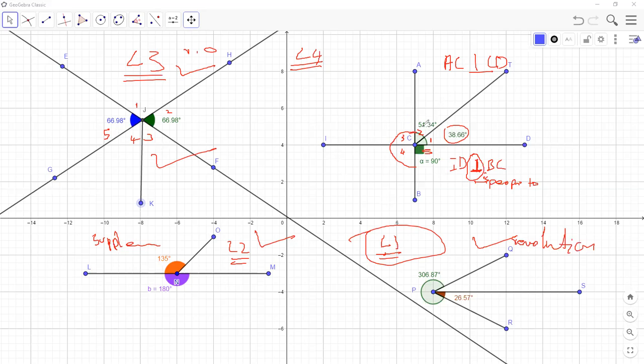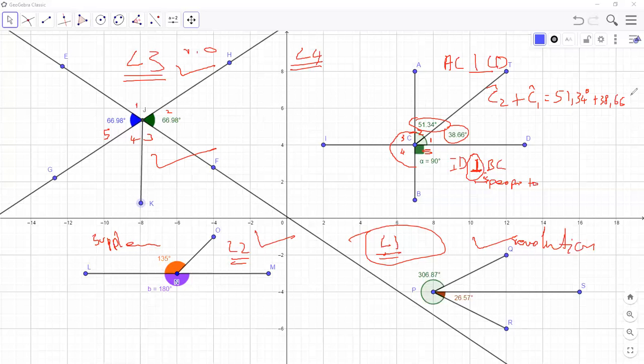Now, I want you to notice something. If I add C2 and C1, this gives me 51.34 plus 38.66, and this is 90 degrees. Of course, you can check in your calculator. Here's a new word for you: we say angle C1 and angle C2 are complementary.